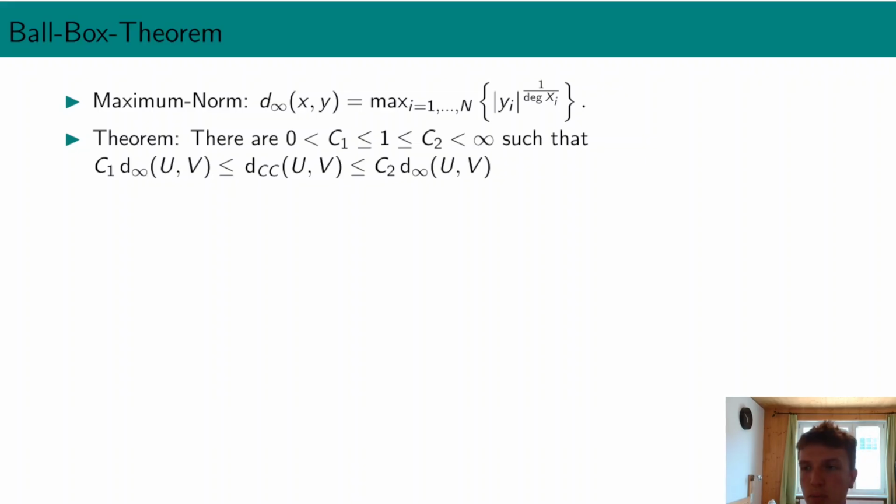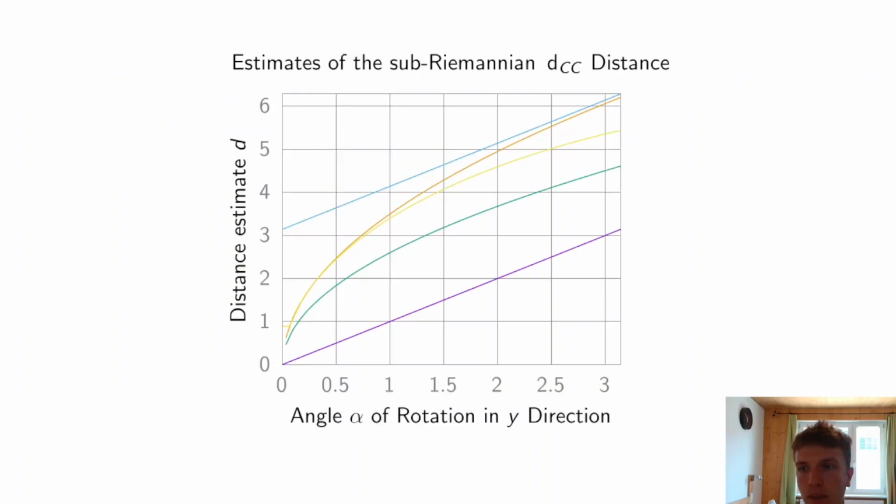So we get an upper bound and a lower bound on the sub-Riemannian distance based on that unitary. And we can see that these estimates work for our case of the x and z rotations available. And yeah, we also have two trivial upper and lower bounds.